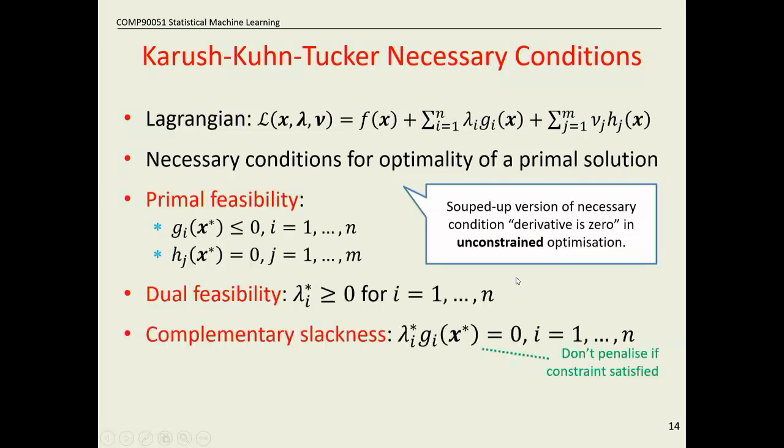And if you look at the Boyd and Vandenberghe book, for example, or any book on nonlinear optimization, there'll be a whole chapter on this. And then finally, we have our usual suspect, that the derivative with respect to the primal variables is zero at a solution. We kind of expect that one to be there, and then we've got these constraints, and then this slightly tricky one that's just saying that we don't penalise when the constraint's satisfied, because otherwise we are going to be messing up optimising F.